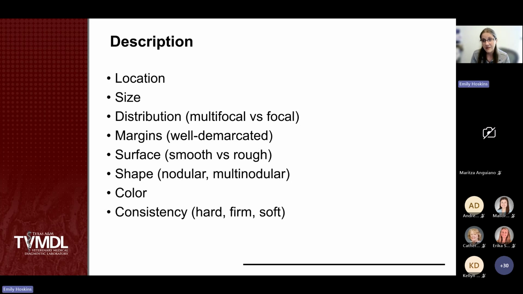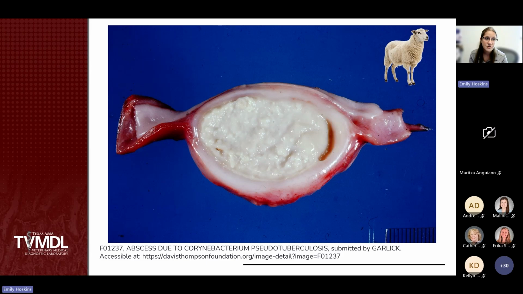And this is different than the interpretation, which is going to be subjective and what you're going to find in those parentheses. So we're going to talk through an example of description versus interpretation with this lesion from a sheep. So this is a lesion arising from the esophagus of a sheep. And you might look at this lesion and say, well, that's an abscess. I know that's an abscess because of my veterinary training and my experience.